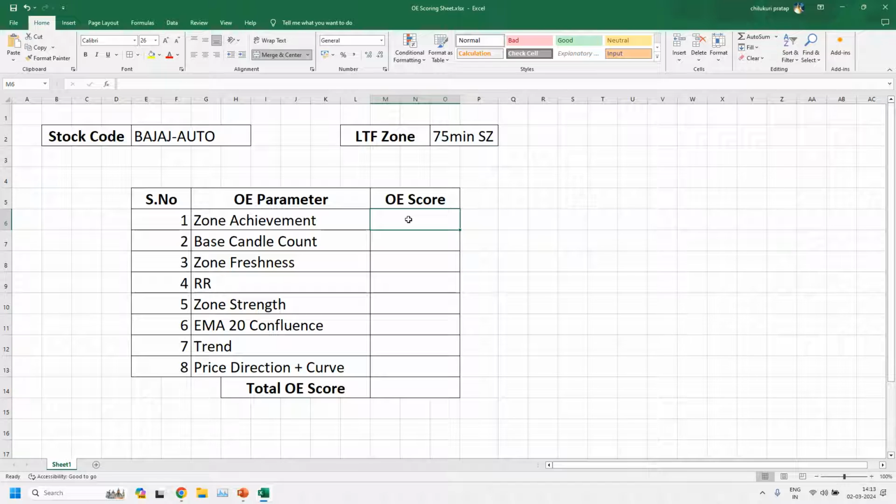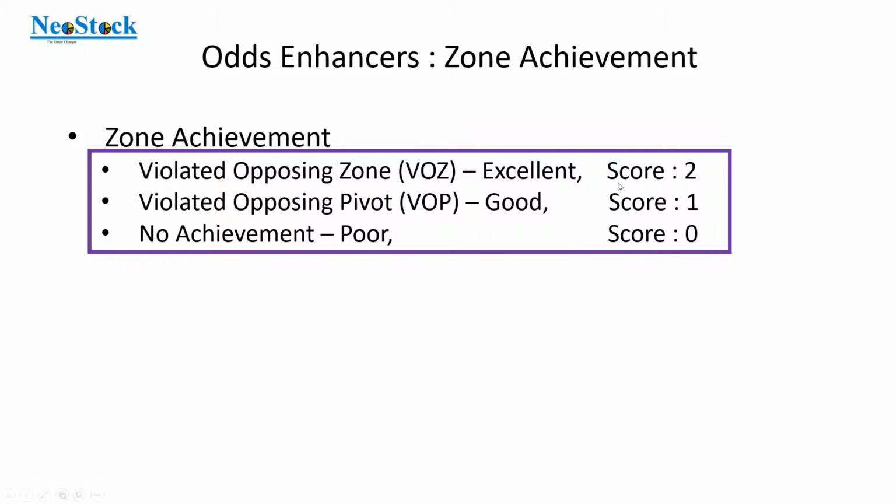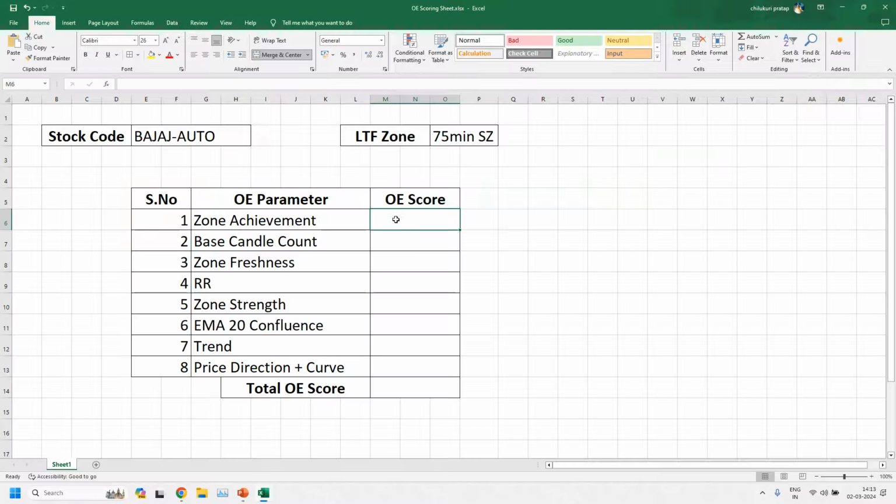Now what is the zone achievement we got? What is the score we got? By violating the opposing zone, we got the maximum score 2. So let us enter the value 2 here. So we got a score of 2 for zone achievement.